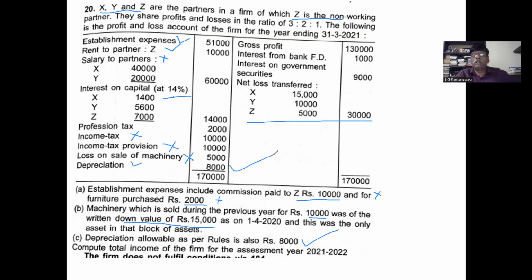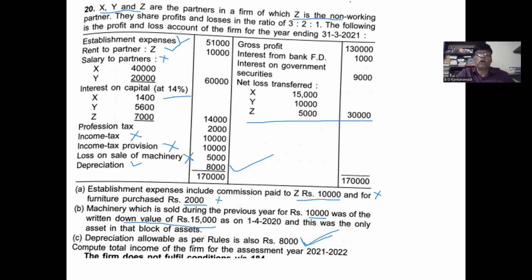You already charged 8,000 depreciation in the P&L account, and allowable is also 8,000. Whatever is shown in the P&L account is the allowable. Both are the same, therefore no disallowable depreciation, no additional depreciation.